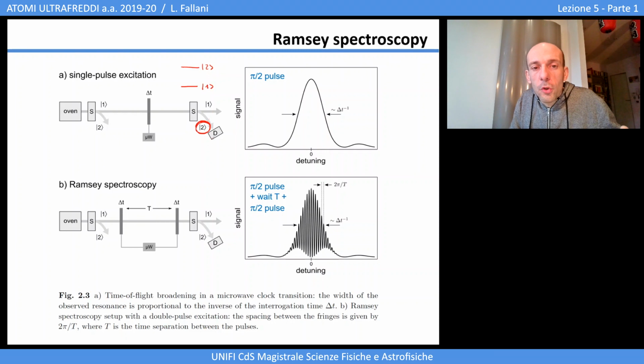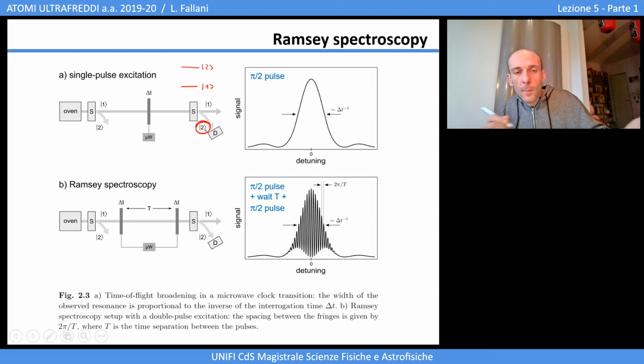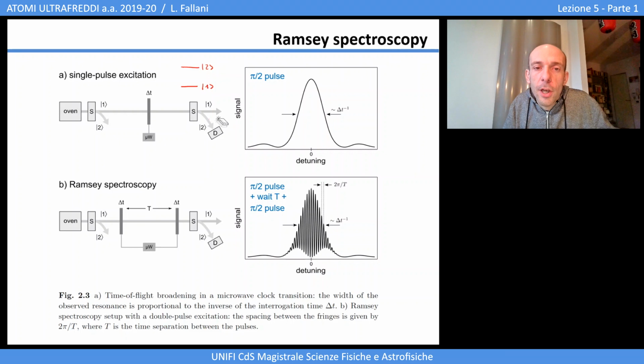This setup is used to detect the probability of excitation to the 2 state. If you plot it as a function of the detuning, you find some line shape, and this line shape of course has a maximum for zero detuning, when you are on resonance with your microwave, and so you can excite resonantly the transition in the two-level system.